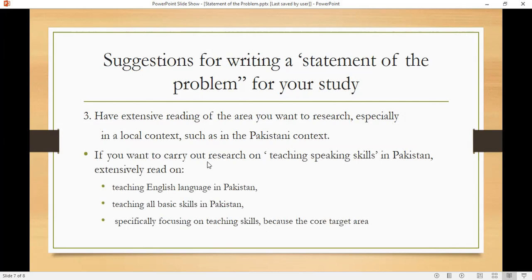If you want to carry out research on teaching speaking skills in Pakistan, read extensively on teaching English language in Pakistan, teaching all basic skills in Pakistan, and then specifically focus on teaching speaking skills, because your target area is teaching speaking skills.